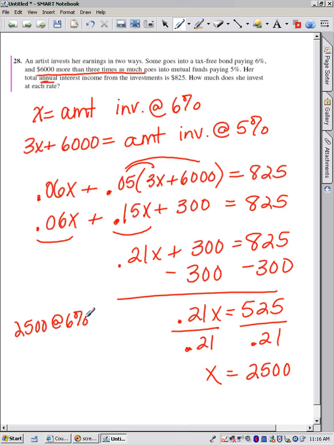Now, how much did she invest at the other rate? Well, that's 6,000 more than 3 times the amount we invested at the 6%. So we have to do 3 times the 2,500 plus the 6,000, which is what? 7,500 plus 6,000 is 13,500 at the 5%.